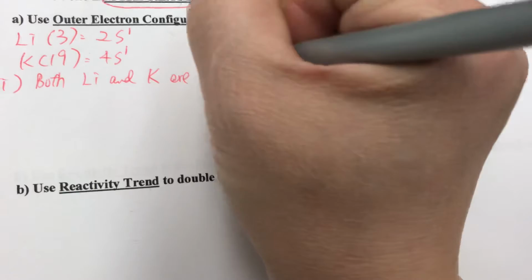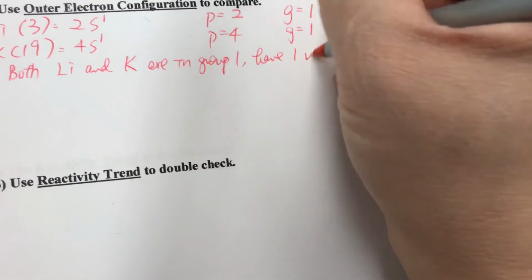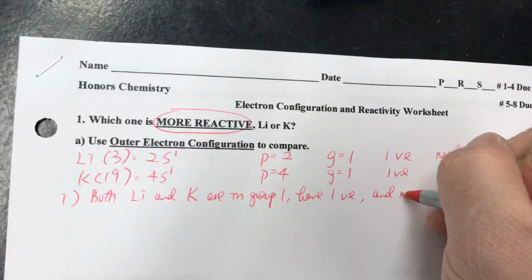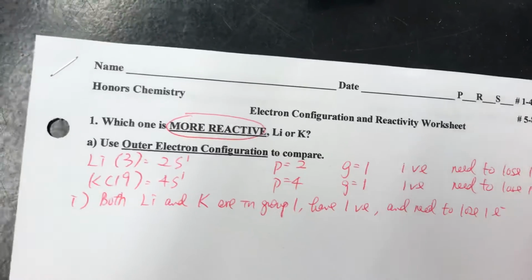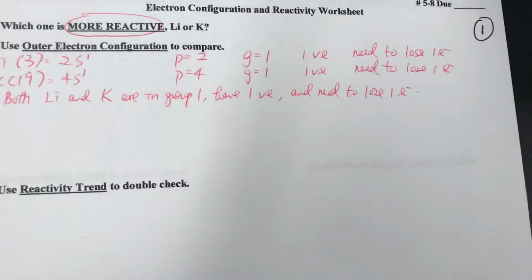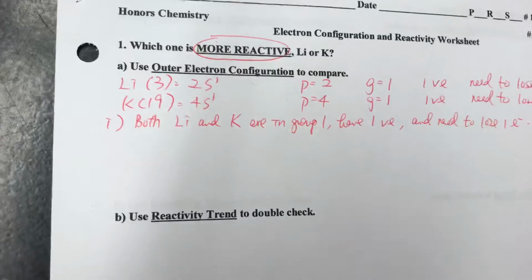So we list it out: both Li and K are in group 1, have 1 valence electron, and need to lose 1 electron.